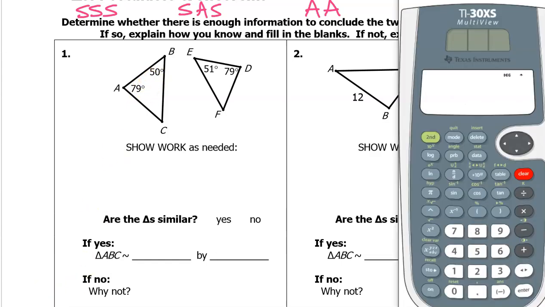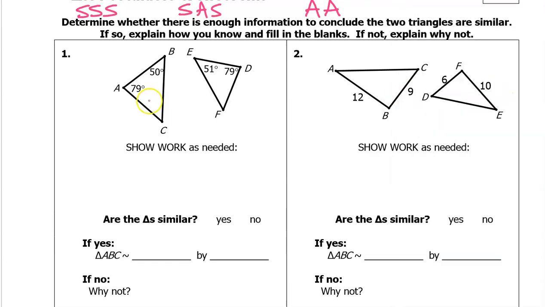So if I take 180 and subtract the two angles that we are given, so minus 50 minus 79, that gives me 51. So I know that this angle is going to be 51. And I'm noticing over here we have 51 and 79, just like this is 51 and 79. So you know the other angle is going to have to be 50.